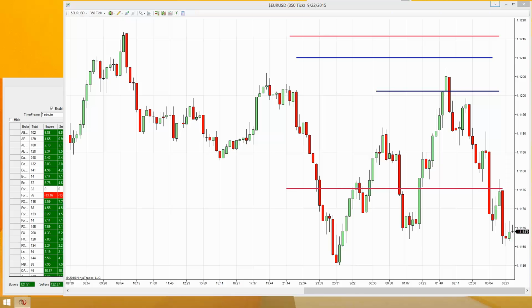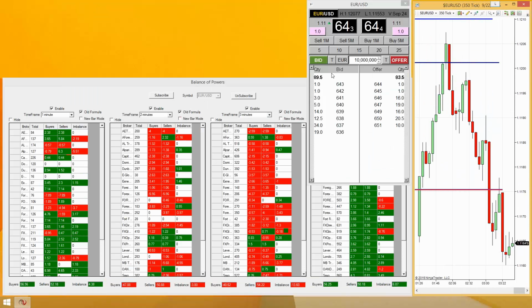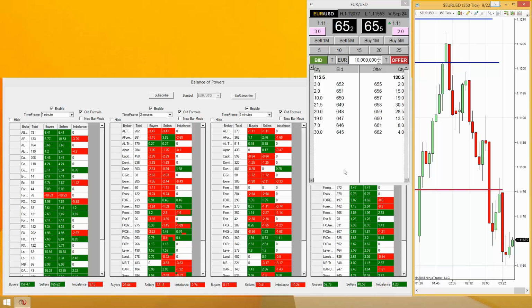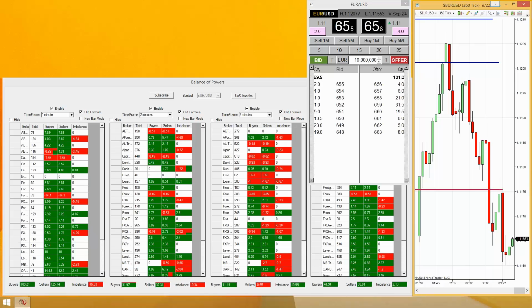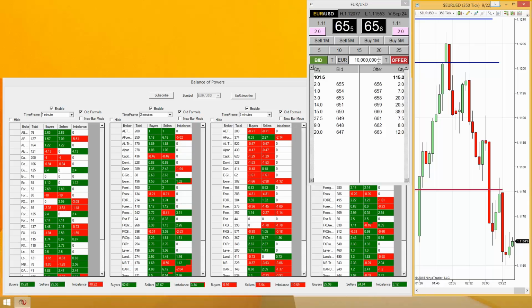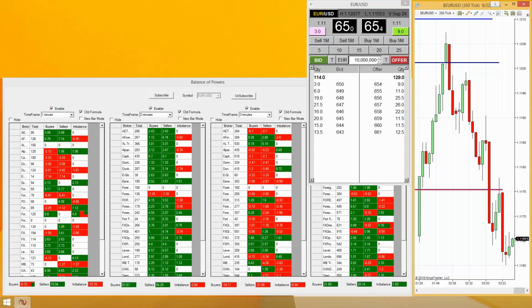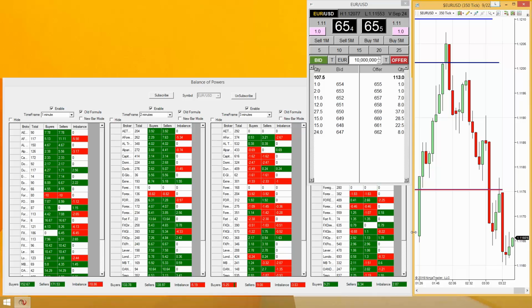Once you get used to trading with order flow, all you're gonna look at is these numbers down here, and the software that I'm gonna show you later on, which shows what's going on in the market. But for now, you need charts.